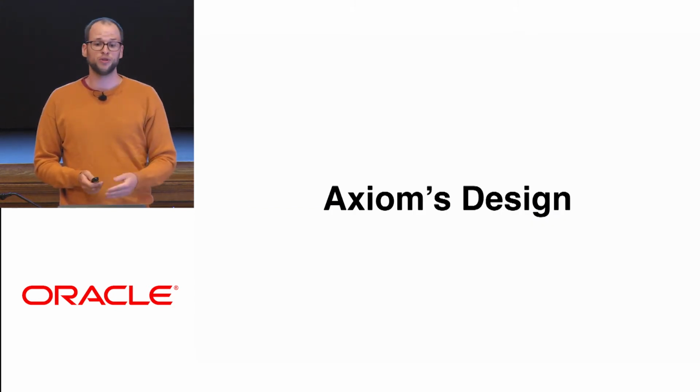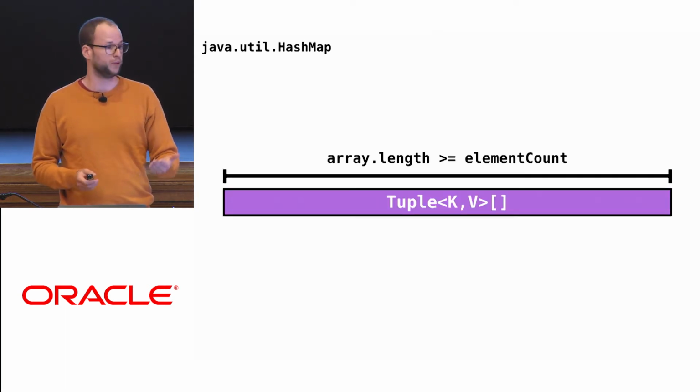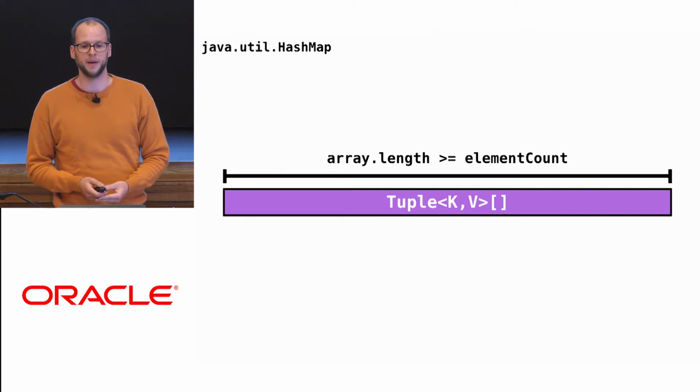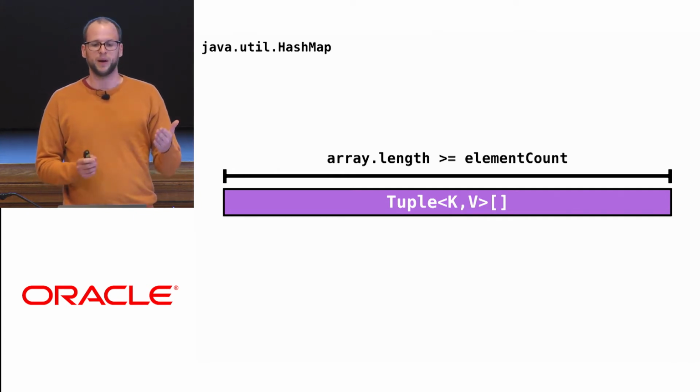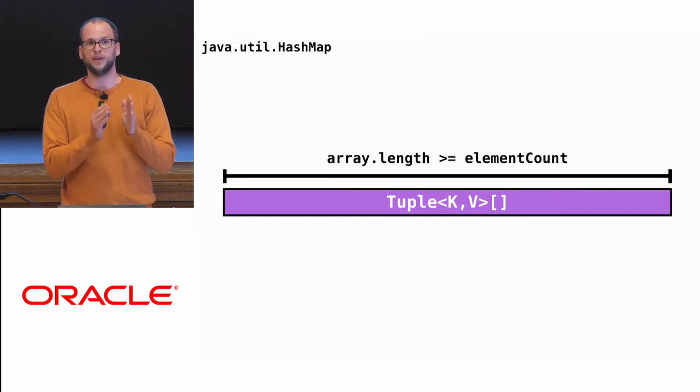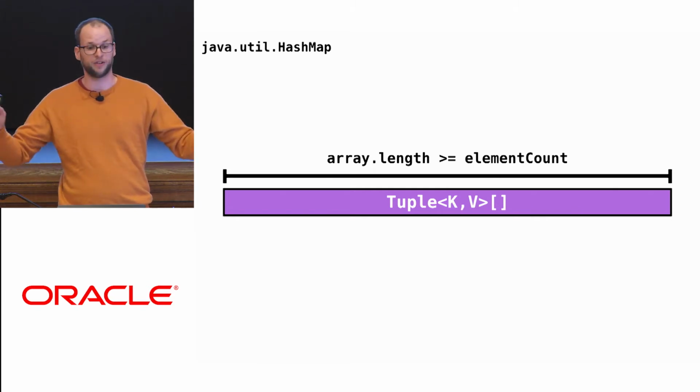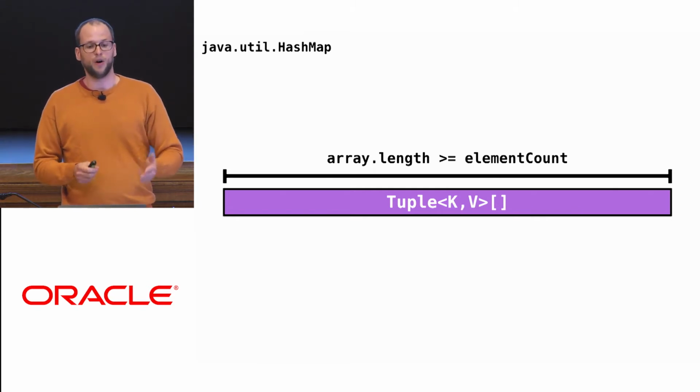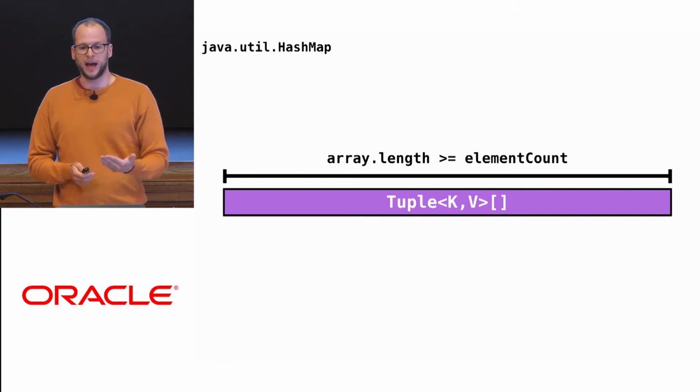In order to do so, I would like to start with a data structure that we all hopefully know, a Java util HashMap. In a Java util HashMap, you have internally one potentially large continuous array of key-value tuples.